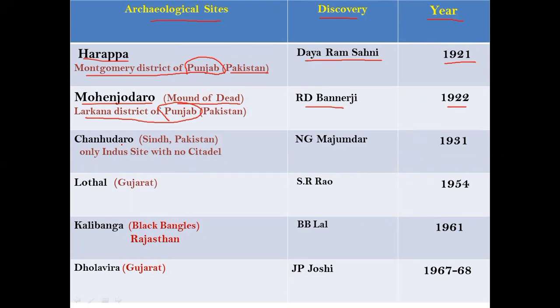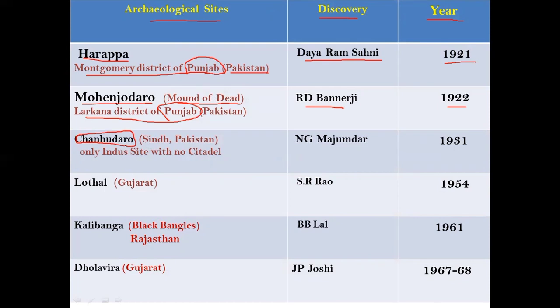We have Chanhu-daro next, and this is a very important archaeological site you should keep in mind and never forget. In every Indus Valley civilization site, whether it be Harappa, Mohenjo-daro, Lothal, Kalibangan, or Dholavira, there is a town planning of the Harappan site. We have two sections, the western section and the eastern section, and in each and every site there is a citadel.